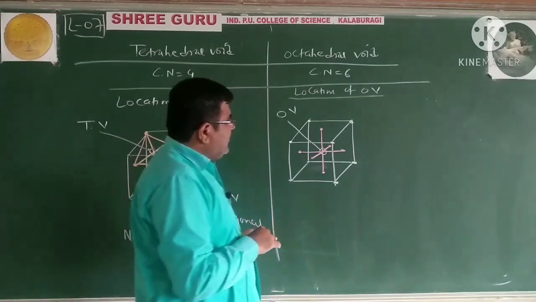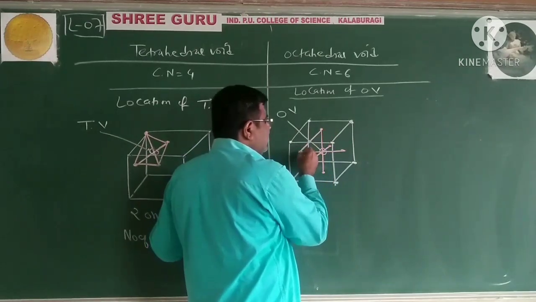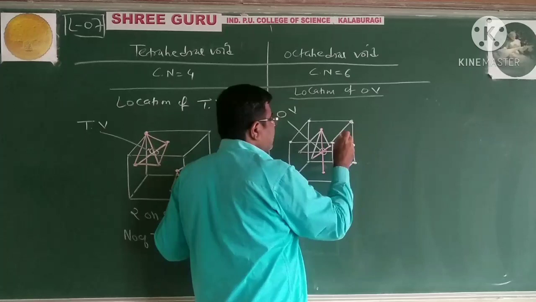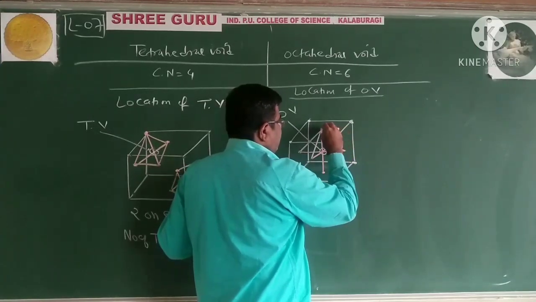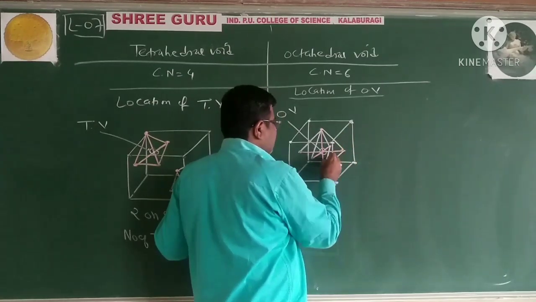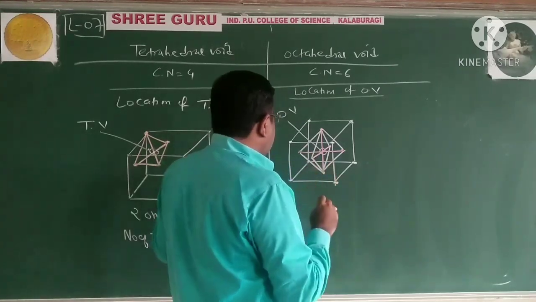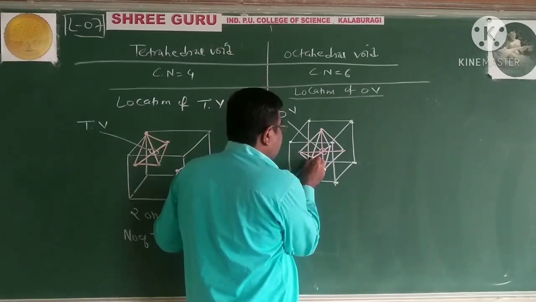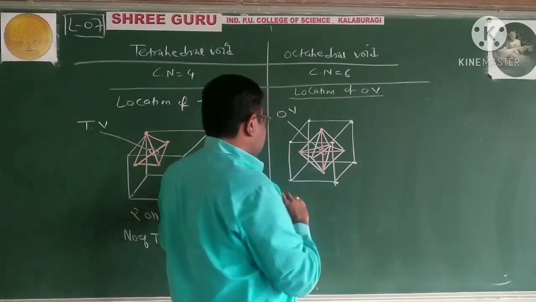A hole is called an octahedral hole because if we connect all these particles here like this, and then this one like this, and then like this, yes.